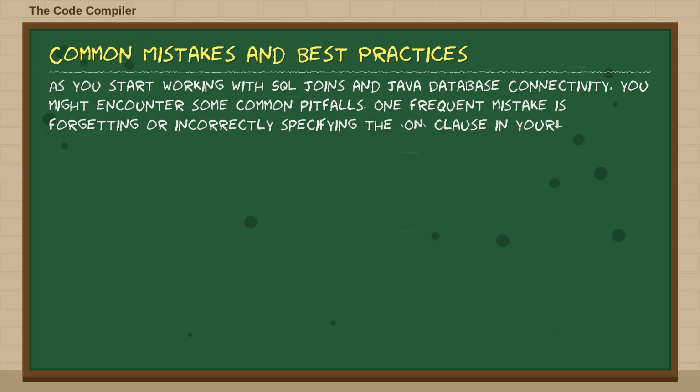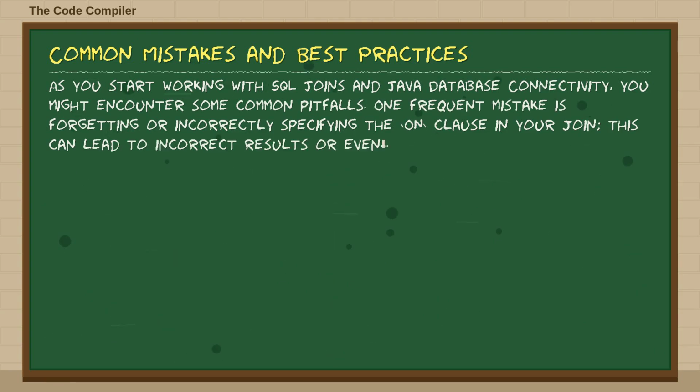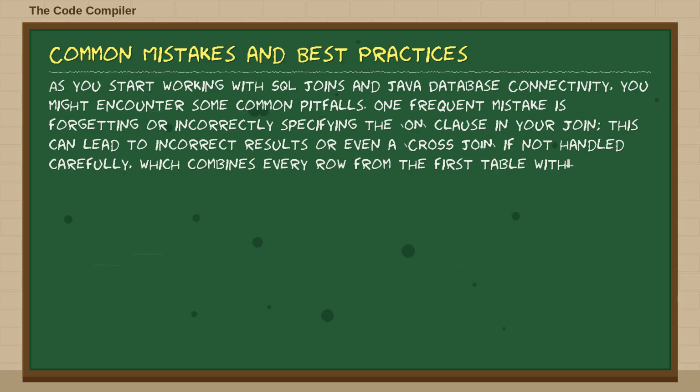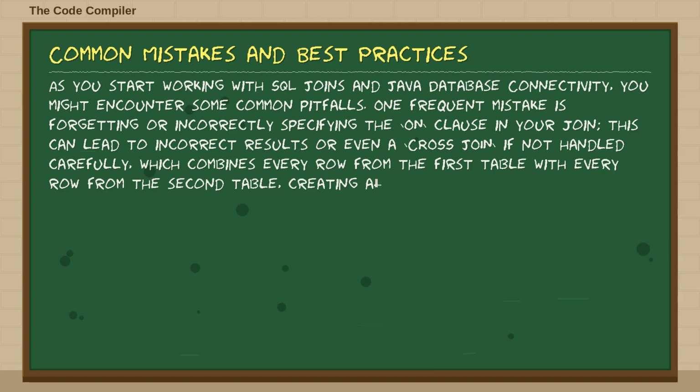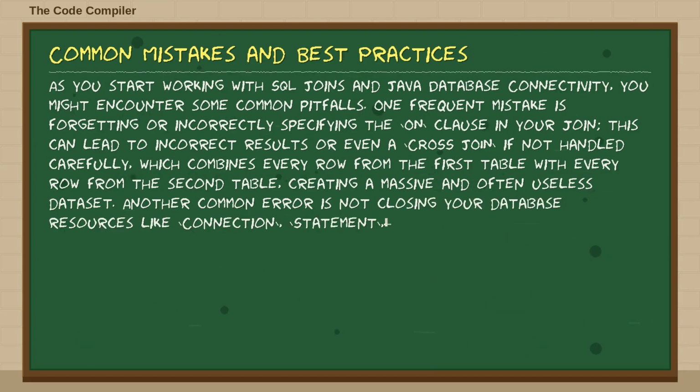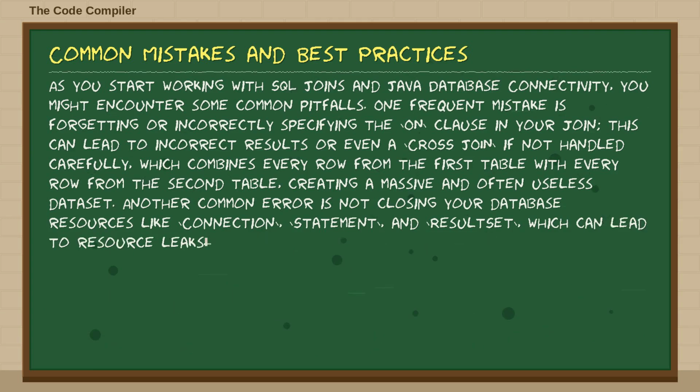This can lead to incorrect results or even a cross join if not handled carefully, which combines every row from the first table with every row from the second table, creating a massive and often useless dataset. Another common error is not closing your database resources like connection, statement, and result set, which can lead to resource leaks and performance issues in the long run.